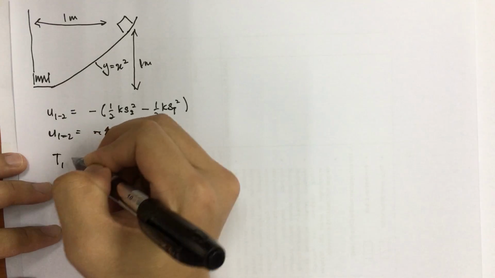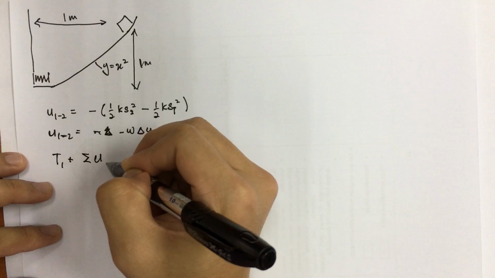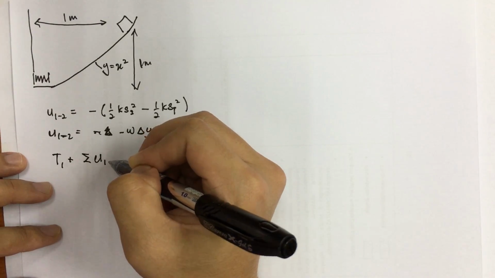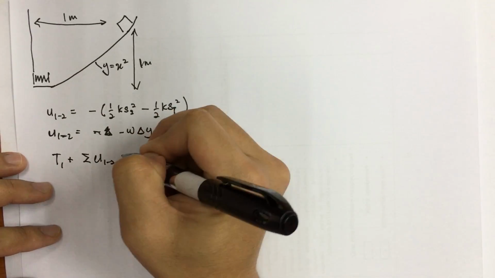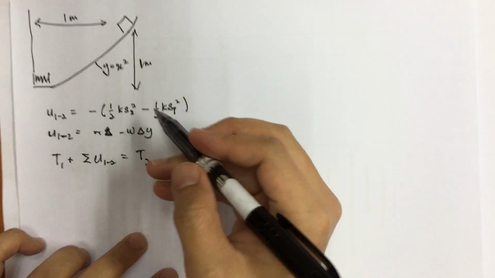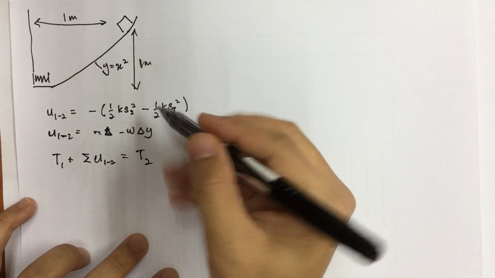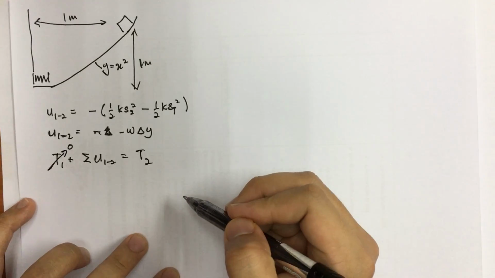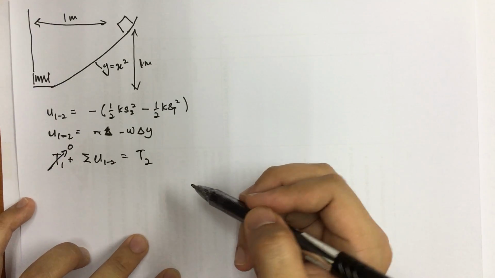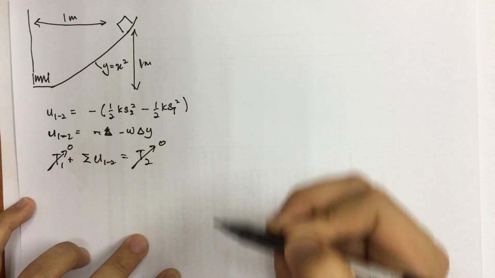So we have T1 plus the sum of all energy, which is the summation of the potential energy and the spring energy from 1 to 2, equals T2. We have some clues here. First, the block is released from rest, which means that T1 equals 0. It slides down the smooth parabolic surface to the maximum compression of the spring, where it rests, which means that T2 is also equal to 0.